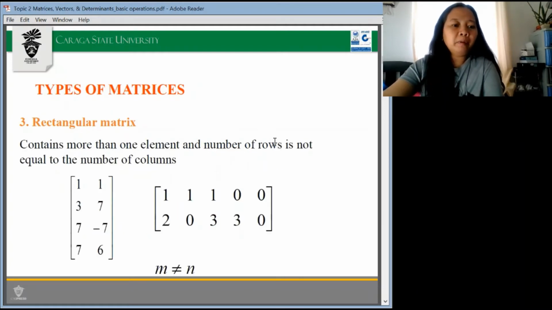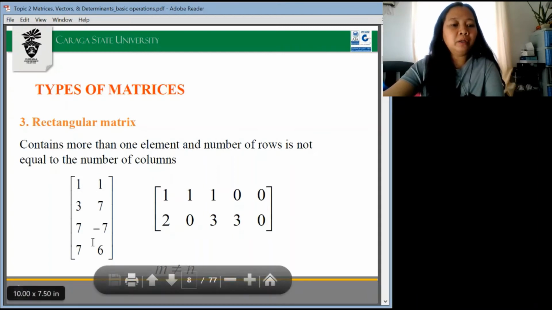The third type of matrix is a rectangular matrix. It contains more than one element and the number of rows is not equal to the number of columns. It only means that your m is not equal to n. So, in this example, how many columns do we have? 1, 2.